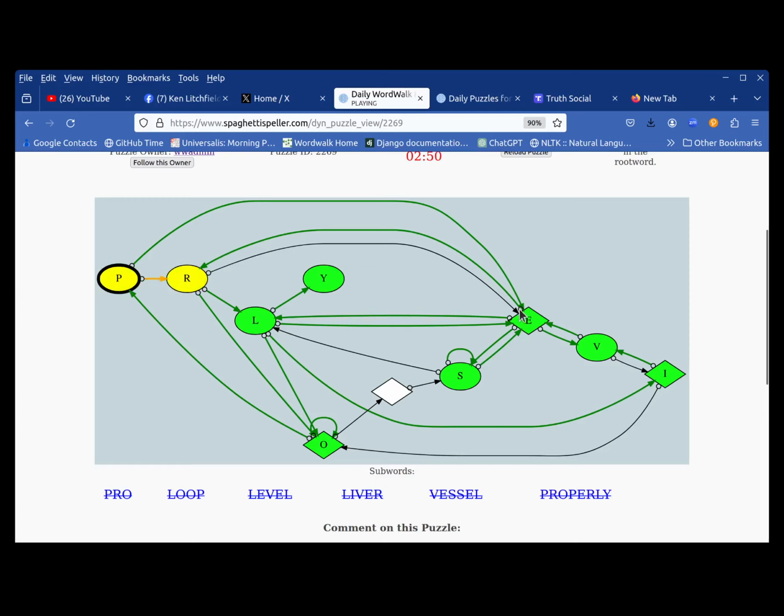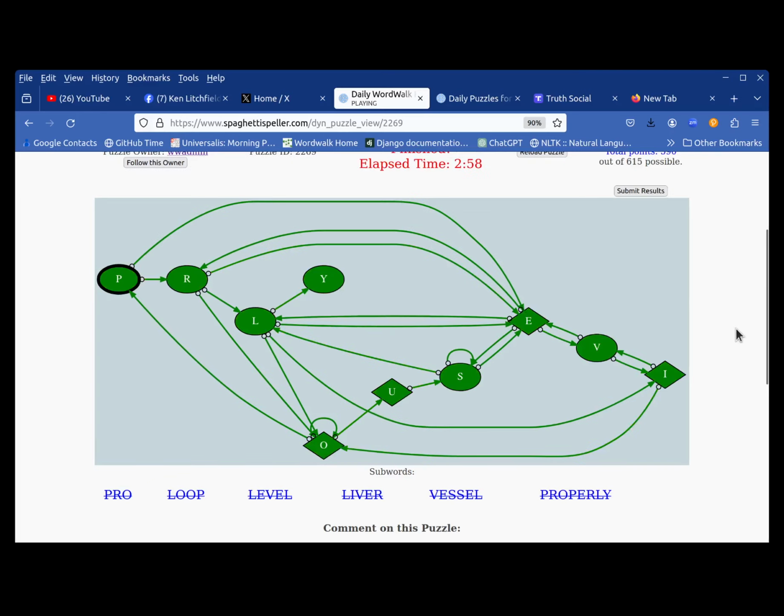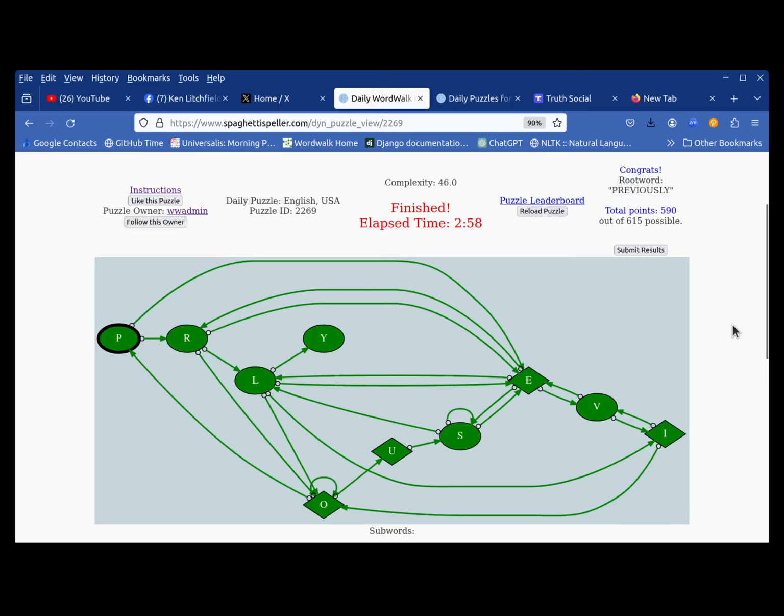P, R, E, V, and then we go I, O, U, S, L, Y. Yes, and there you have it. The root word is the English word previously.